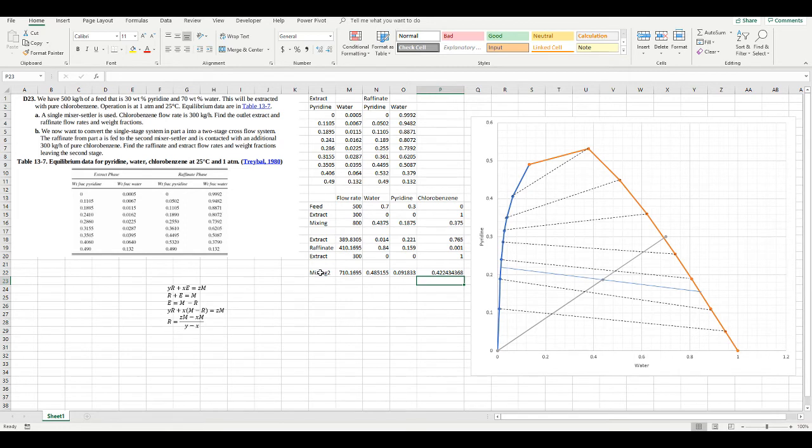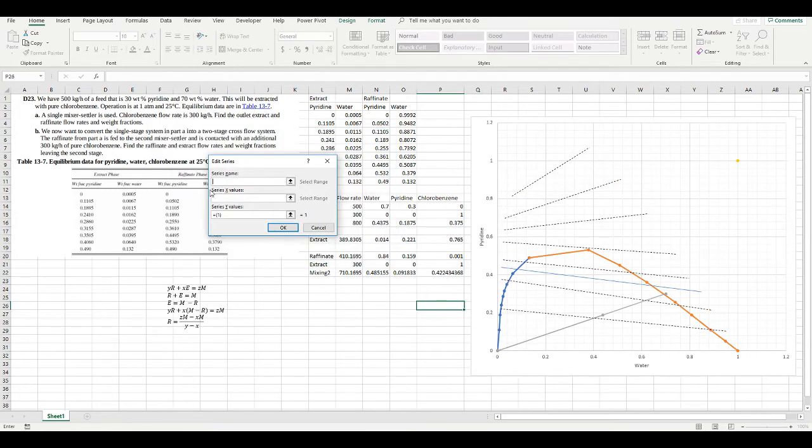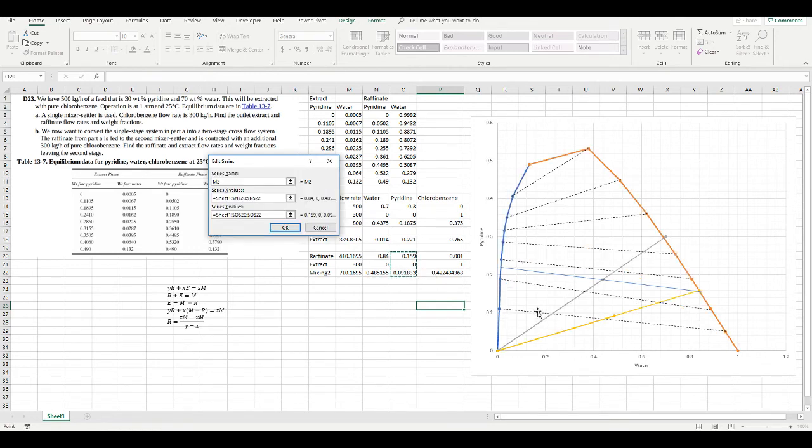So what we're going to do is plot this, and if it is correctly calculated, then it should also be collinear. So let's go ahead and do that. And once again, remember to keep your axis consistent. Because we're using water as the x-axis, we need to keep using that. And there you go.